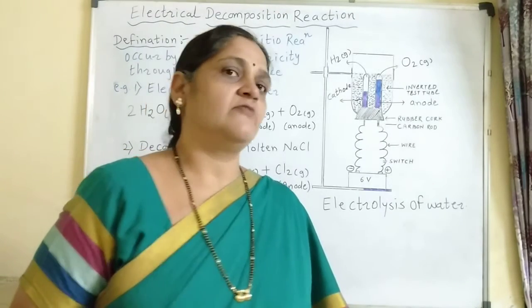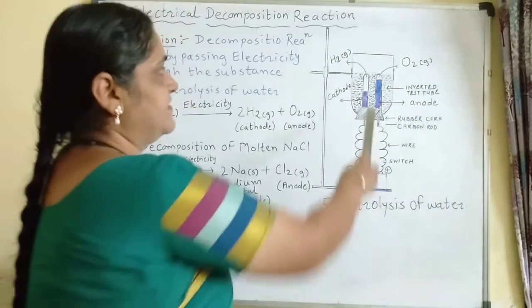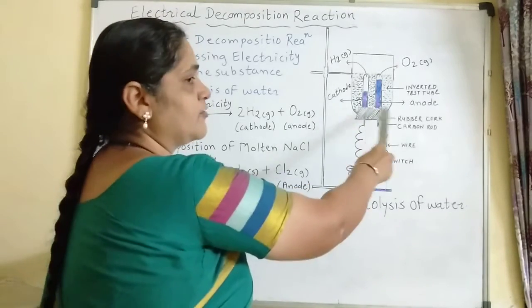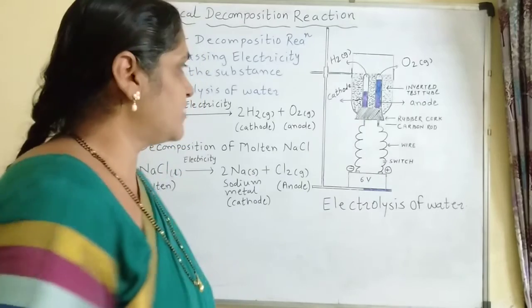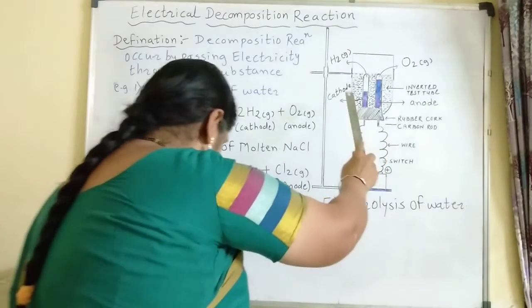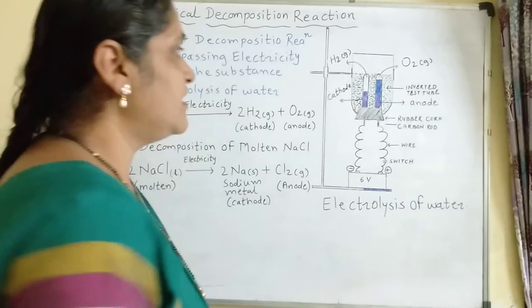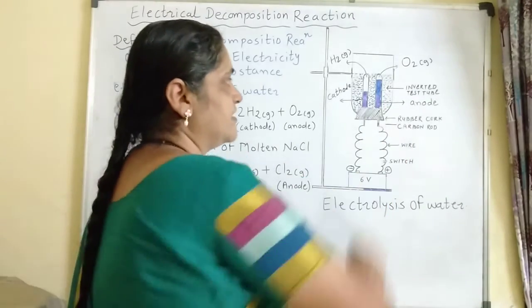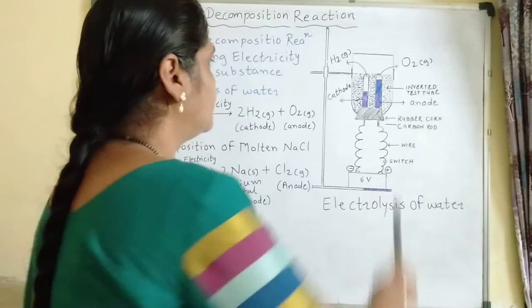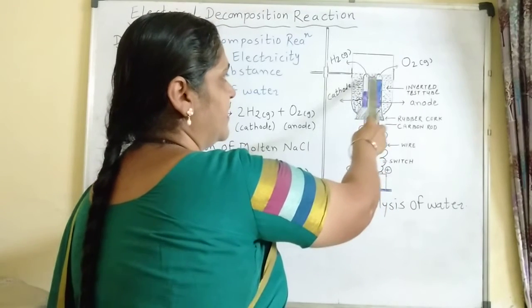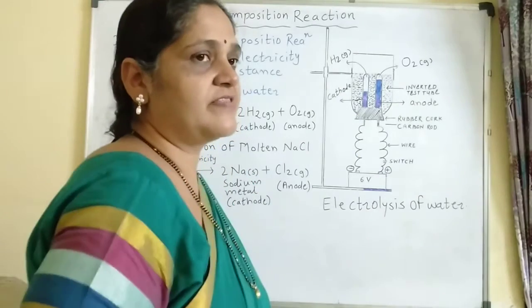Now you can see there are two test tubes in inverted position. They are placed over the cathode and anode, and both contain water inside. One test tube contains hydrogen gas, and the other contains oxygen gas.